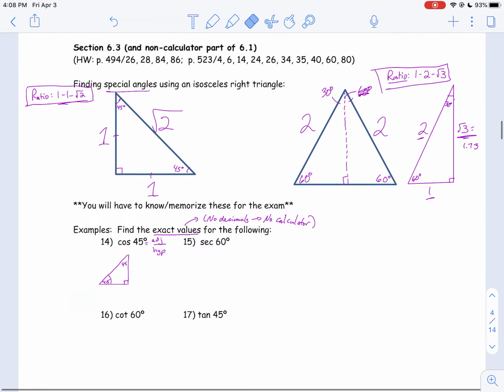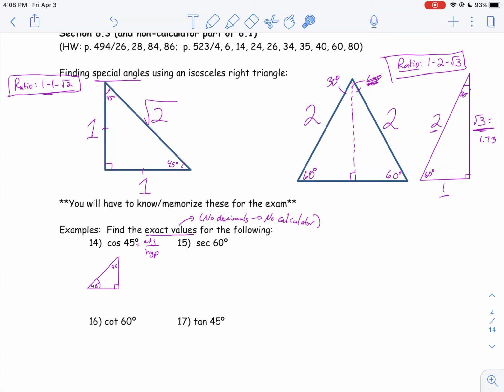Now, I'm going to go back to this picture. Remember, you learned that the ratio of a 45, 45, 90 triangle is 1, 1, square root of 2. That's what we're going to use here, because the ratios will always be the same. So the adjacent side is 1, the hypotenuse is the square root of 2, and you've got your answer.